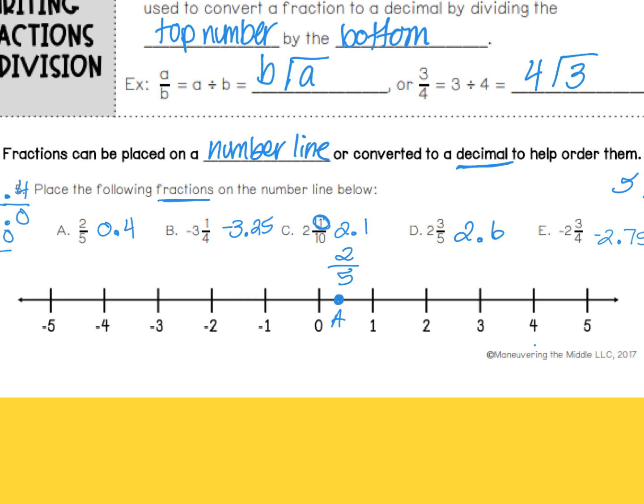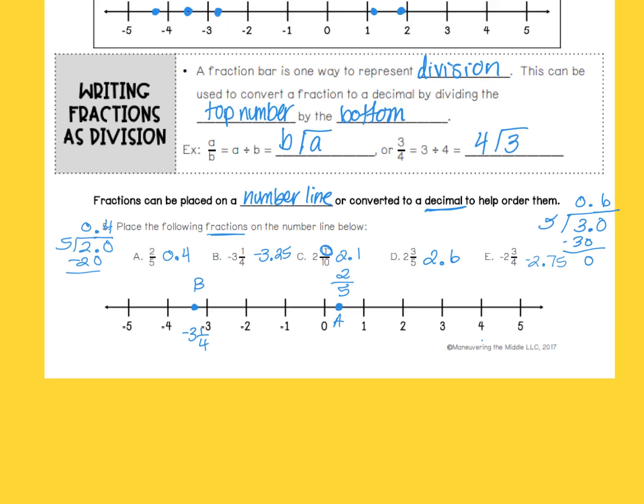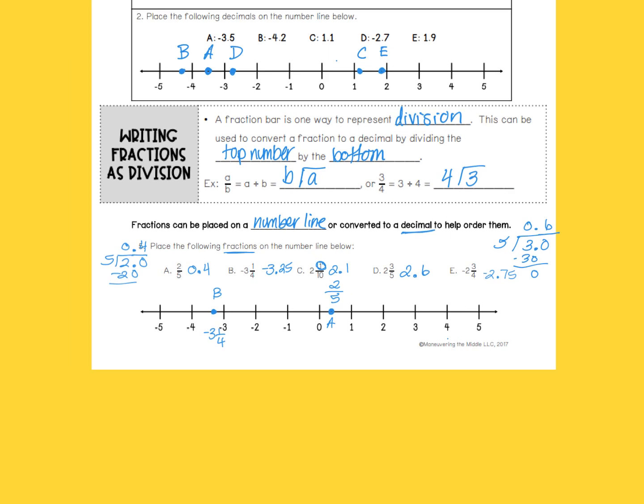So if you go over to negative 3, say you spent $3.25, that's going to be right about here because you haven't spent $3.50, you've spent $3.25. It's going to be your letter B, and your value is negative 3 1/4. So go ahead and take these next couple of minutes to place the rest of your letters on this number line.